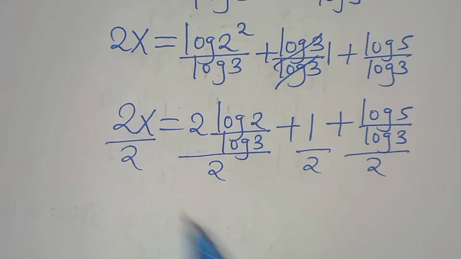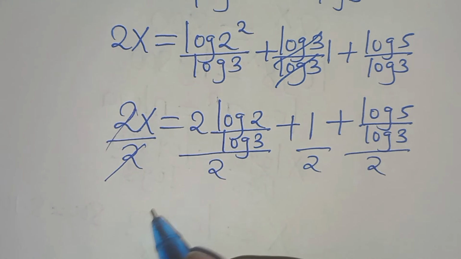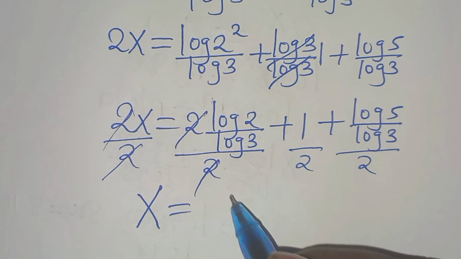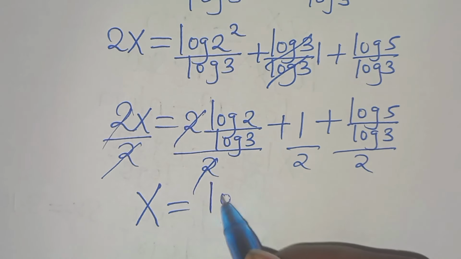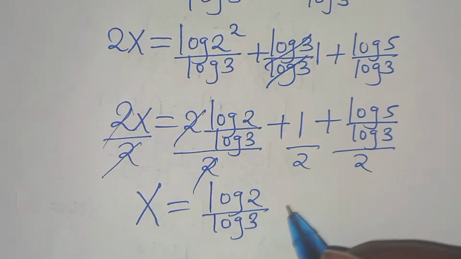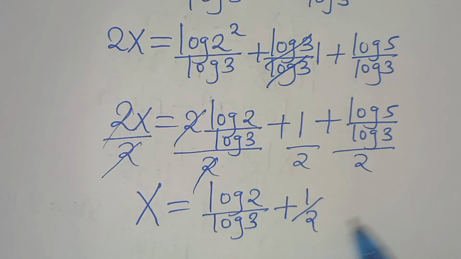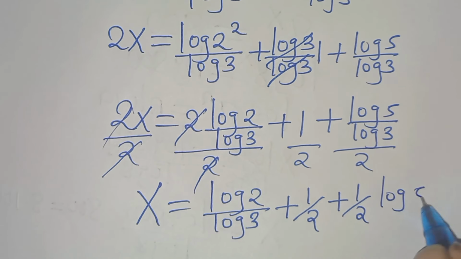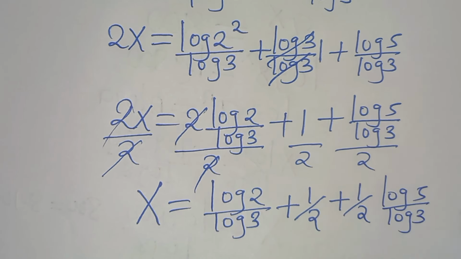So that now, we have here x is equal to, this is 2 and 2 here simplifies, so that we have log 2 divided by log 3, then plus half, then plus half. This is log 5 divided by log 3.